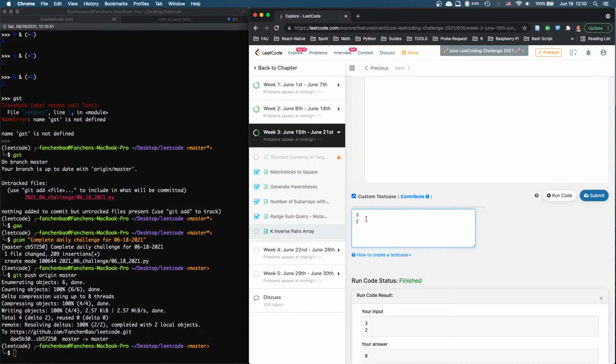So what happens is we secured 4 in this position, and then 1, 3, 2.